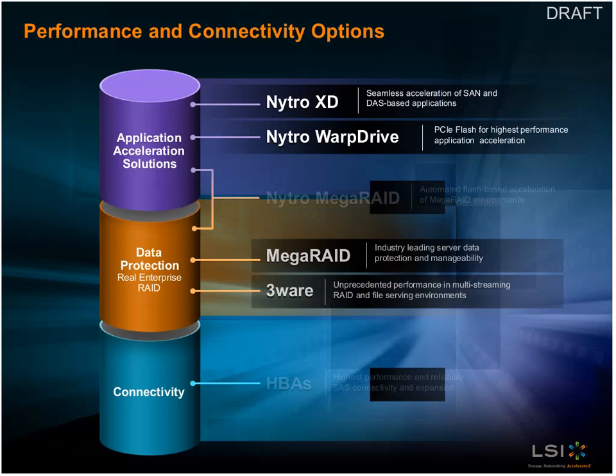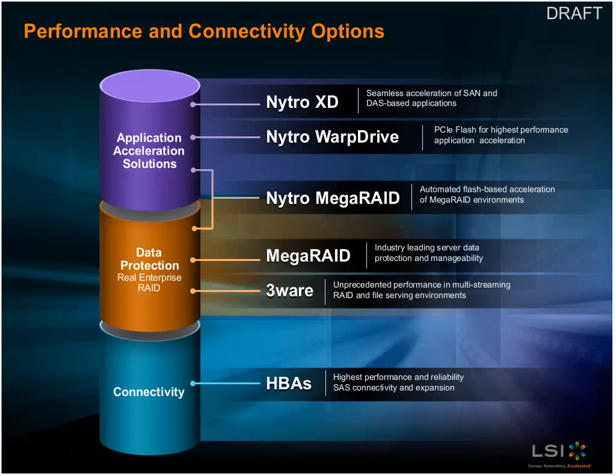The way we kind of break down our products at LSI is with HBAs and RAID and pure application acceleration solutions, and it's segmented here in this slide. You could apply flash to all these products. You could apply lots of SSDs to an HBA and get very high levels of IOPS.